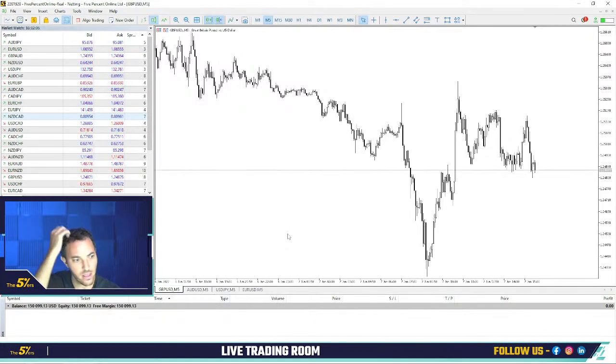Moin, I scale into my entries. When I just started, no one taught me about it. So I used to predefine my risk and go in at one entry price, and I did relatively well.